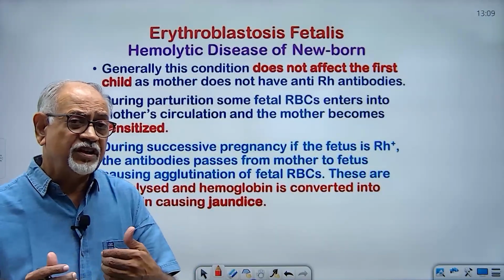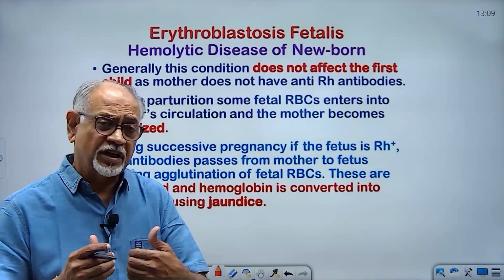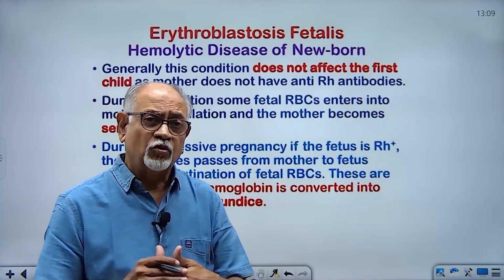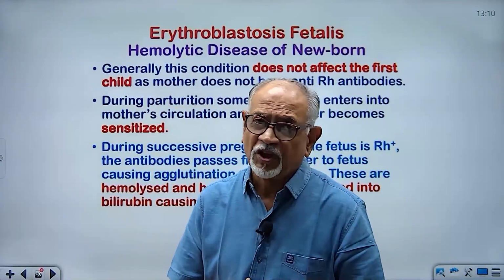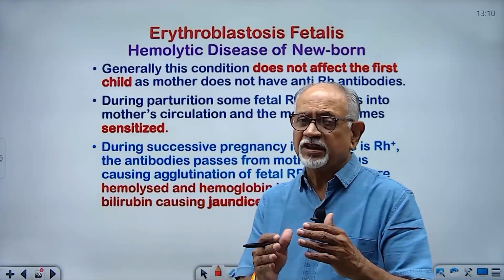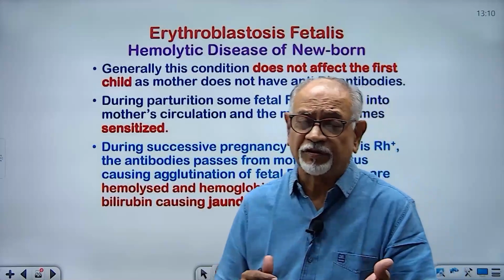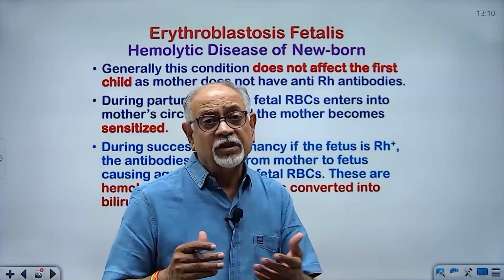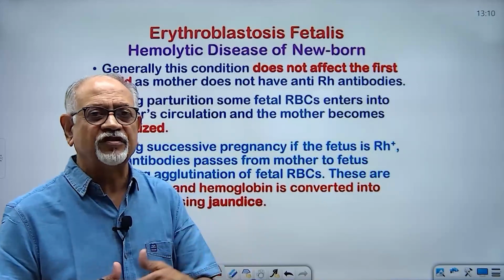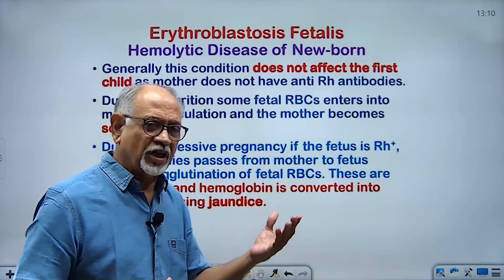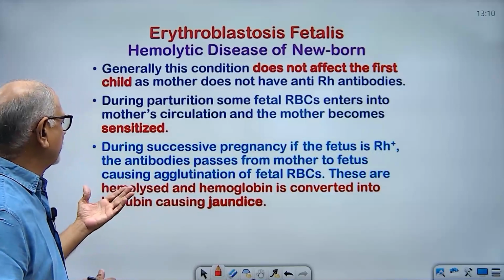Now, if she conceives a second child who is also Rh positive, then the Rh antibodies pass from the maternal circulation into the fetal circulation, causing hemolysis of fetal RBCs.